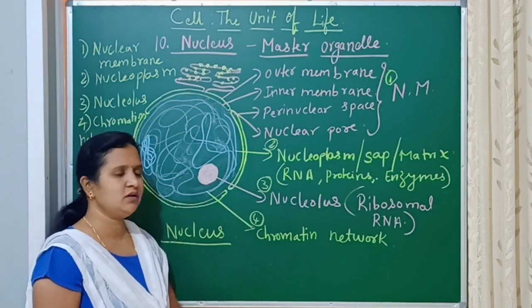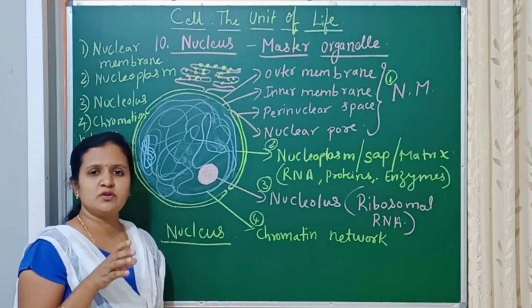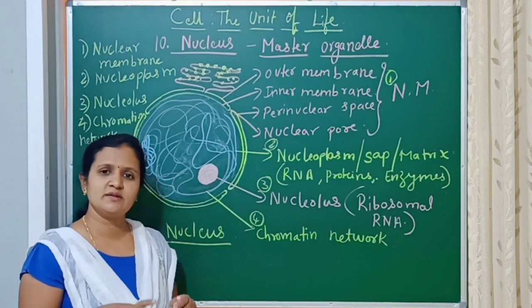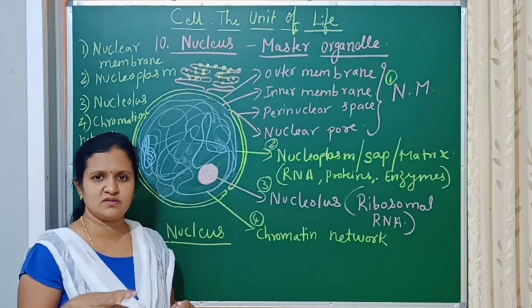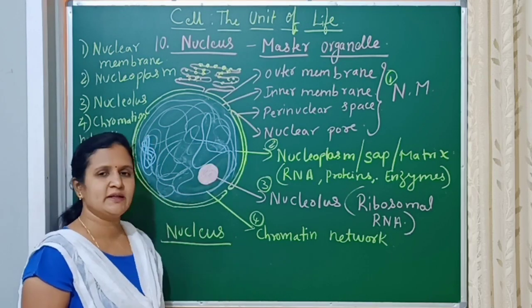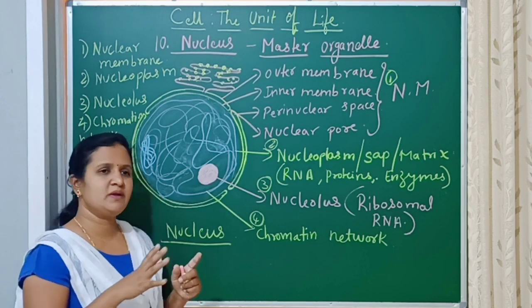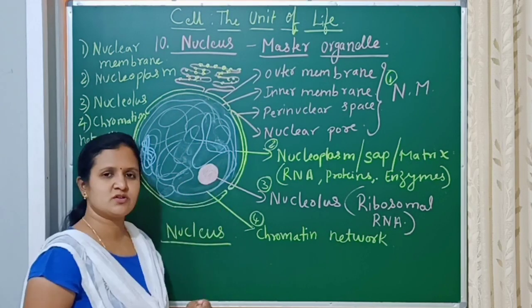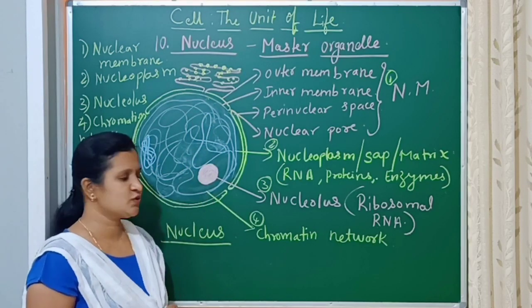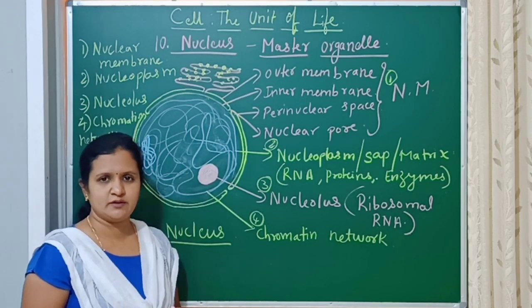You can observe this chromatin network only when the cells are not dividing, that is, when cells are in interphase. In that case only, you can observe the chromatin network, a complex of thread-like structures completely filling the nucleus.